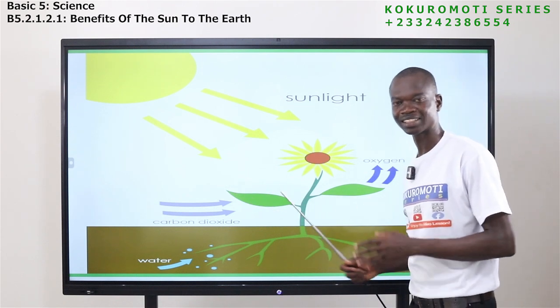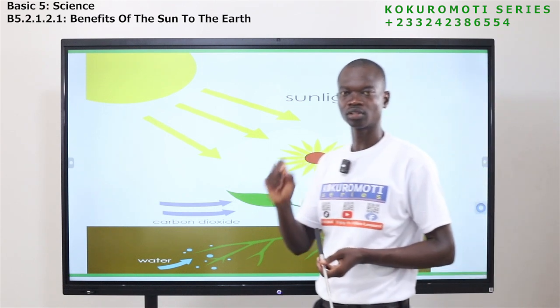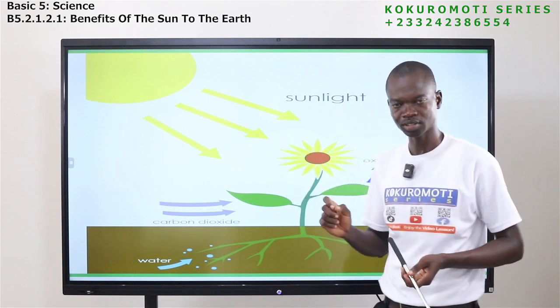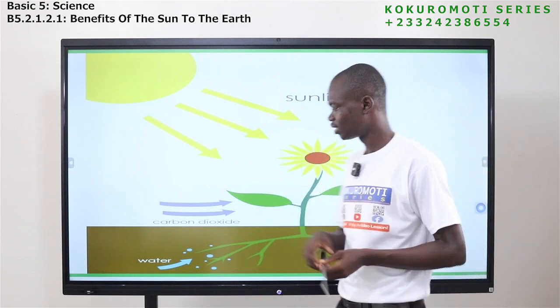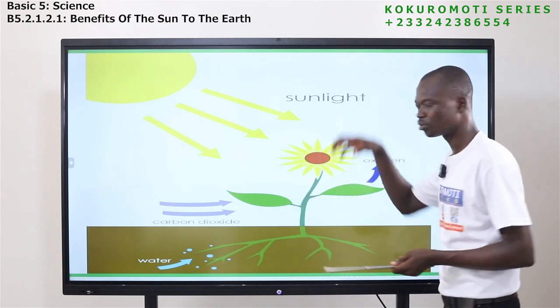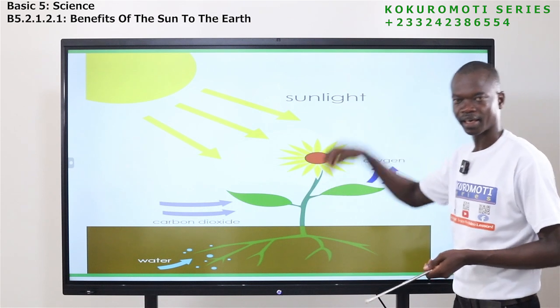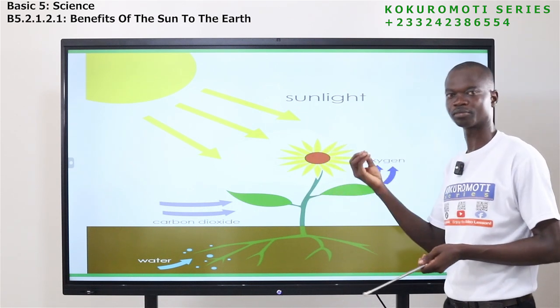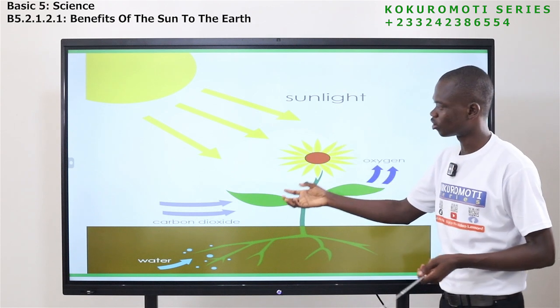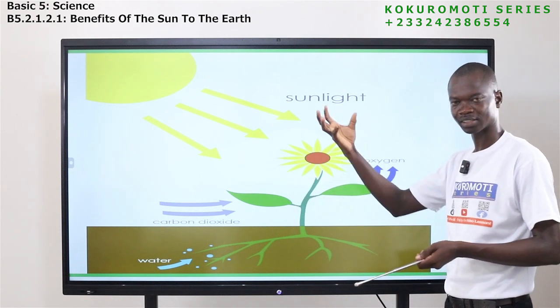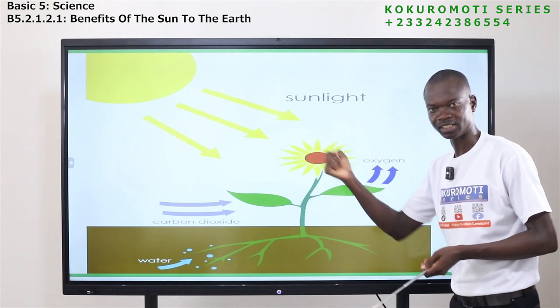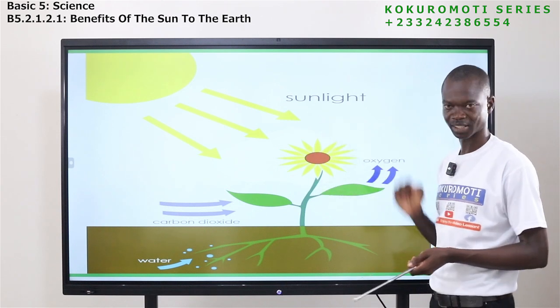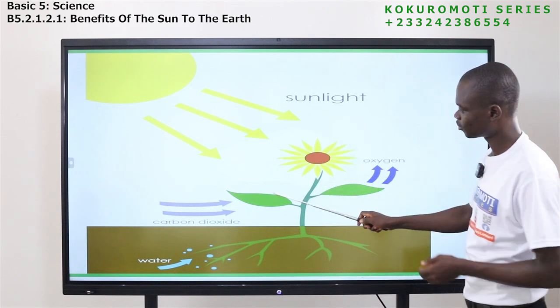The leaves of plants have some small holes or pores in them. These pores allow air to enter into the plant, and air to also come out from the plant. This also helps the plant to absorb heat or light from the sun.